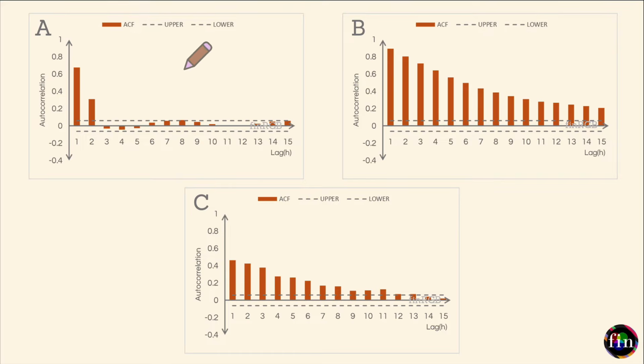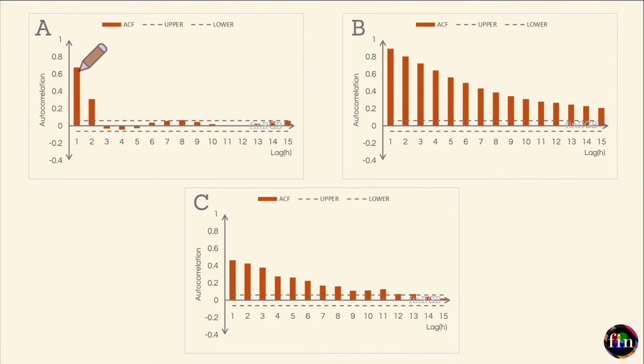Now let's focus on correlogram A. In this correlogram, you observe that the autocorrelation for lag 1 is significant, for lag 2 is also significant, but for all lags greater than 2, that means 3, 4, 5, 6 and so on, the autocorrelation becomes insignificant.